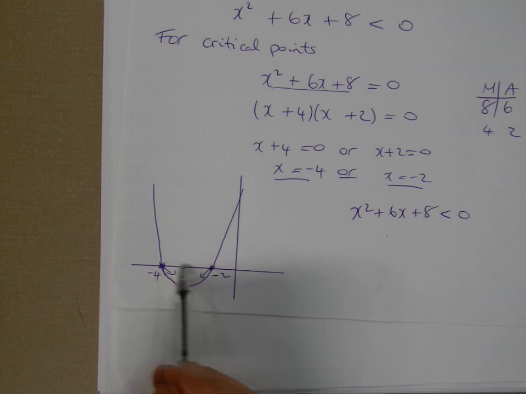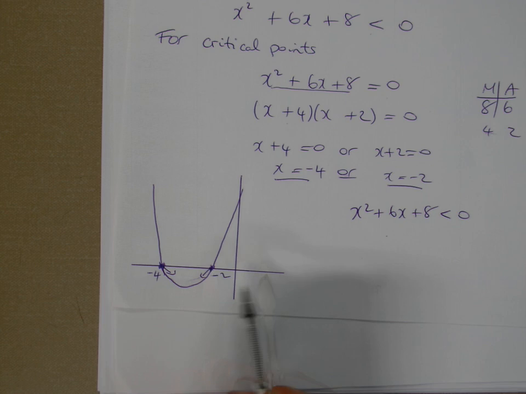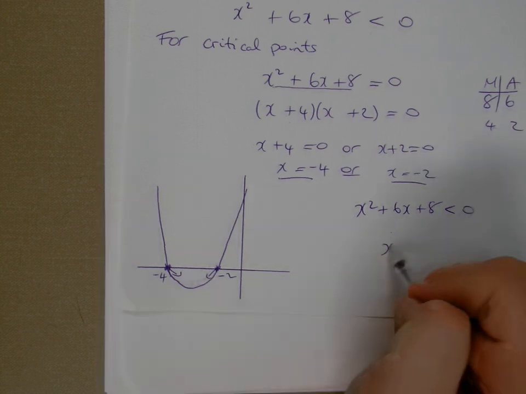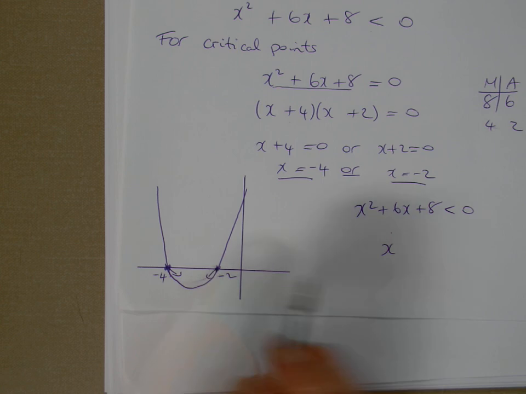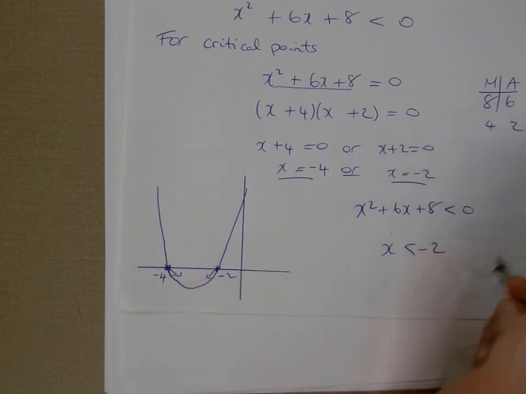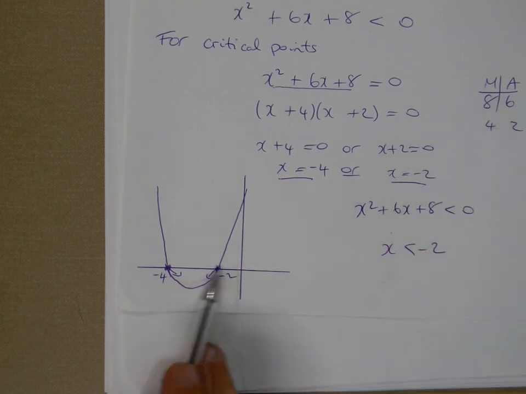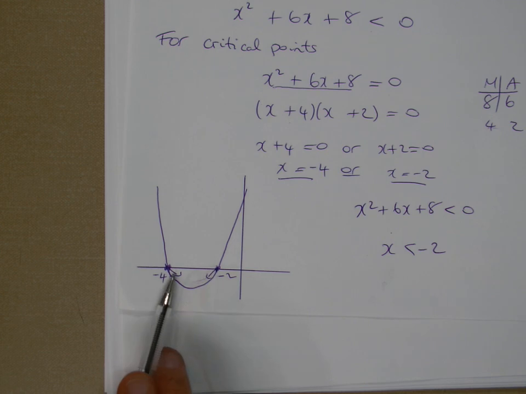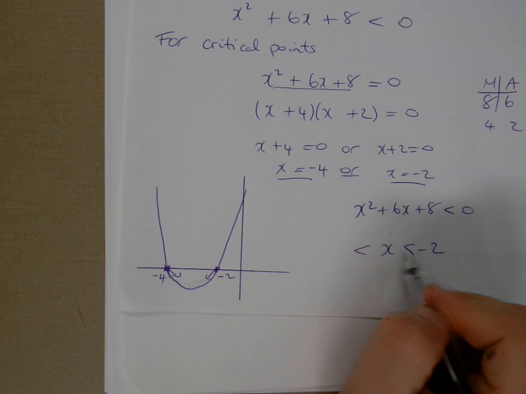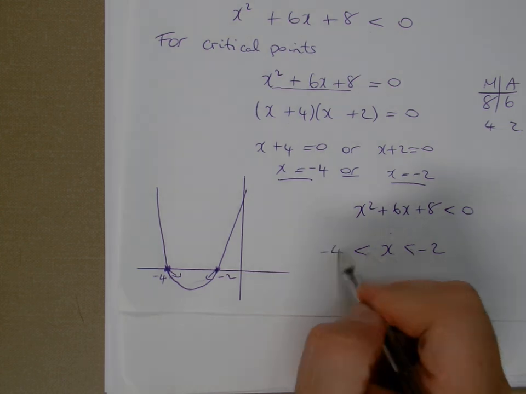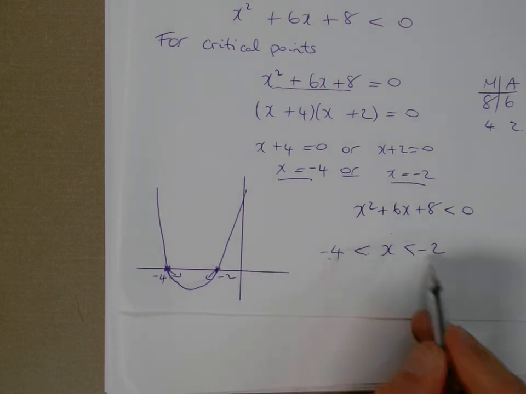So if you think about it, x is going to be between -4 and -2. So what we can say is x, if it's between -4 and -2, well, it's going to be less than -2, because it can't be greater than -2, so it's going to be less than -2, but it can be greater than -4. So I'll copy that inequality here, and put -4 there. So that's saying it's between -4 and -2.